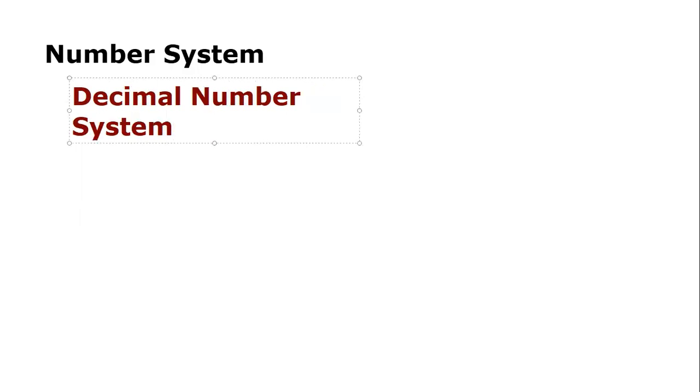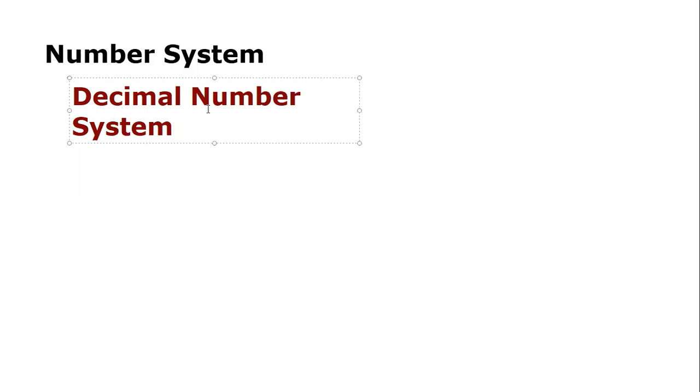Once we are talking about representation, we mean there will be some symbols which will be used. For example, let's take a very commonly known number system, the decimal number system.